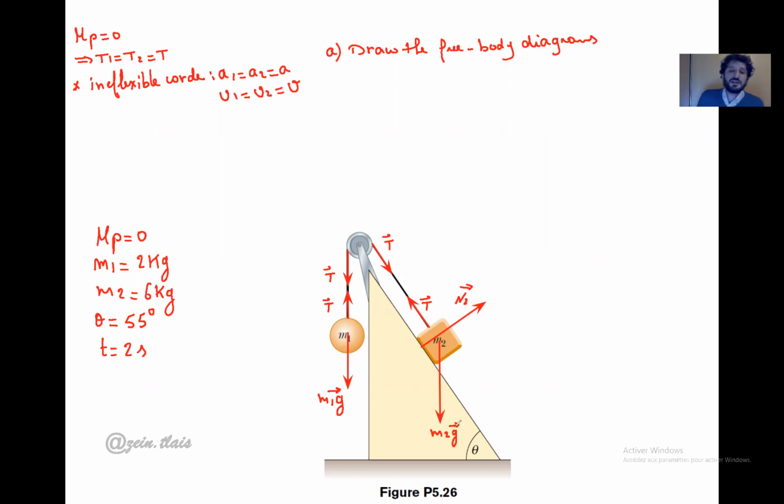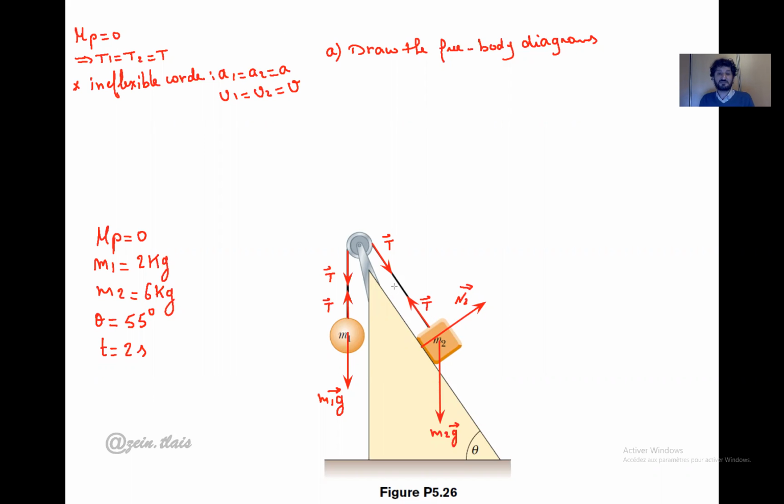Okay, let me put all the components of m2g also. You know, for m2g, we have to put x and y. It's very important. X must be in the line of direction.